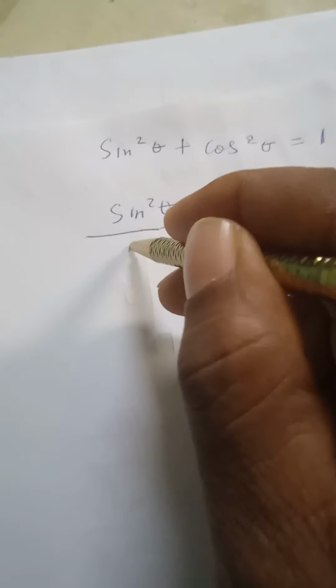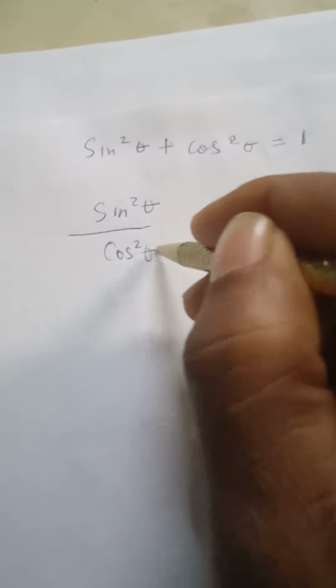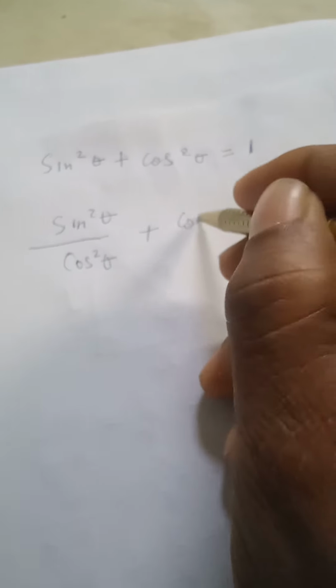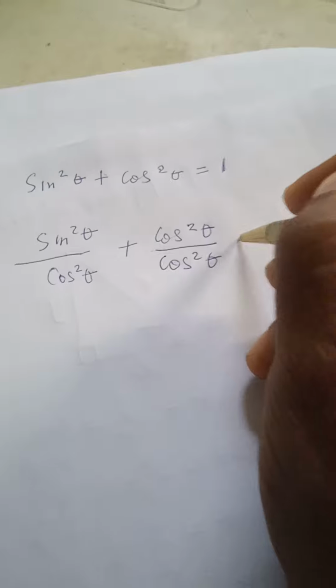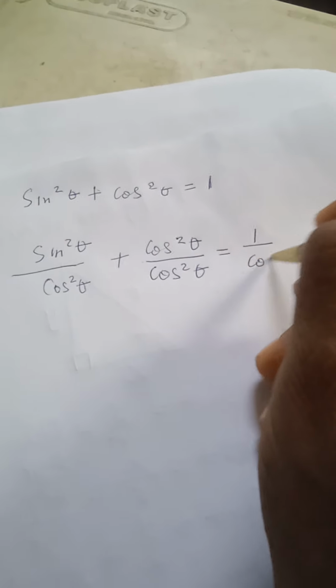So if sine square theta plus cos square theta is equal to 1, and we decide to divide both sides by cos square theta, this is what you will have: sine square theta over cos square theta plus cos square theta over cos square theta is equal to 1 over cos square theta.